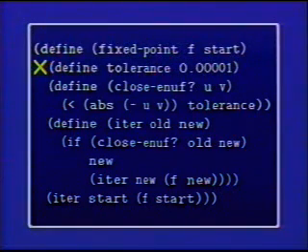I have a way of giving a tolerance for a close enough procedure, which we see here. The close enough procedure tests whether u and v are close enough by seeing if the absolute value of the difference of u and v is less than the given tolerance. Okay, and here's the iteration loop that I just wrote on the blackboard, and the initialization for it, which is right there. It's very simple.